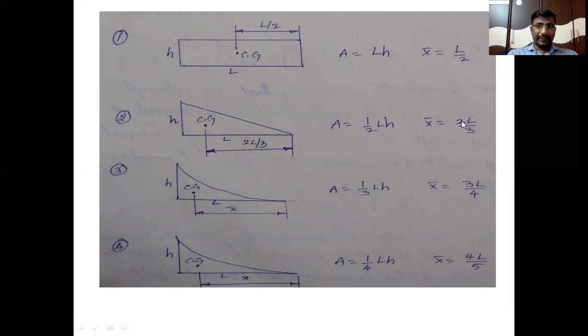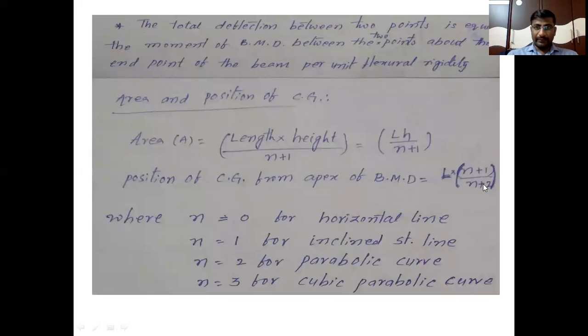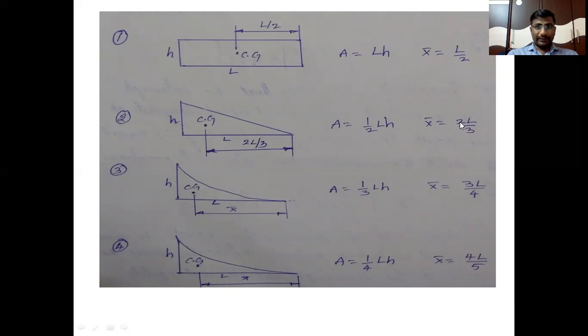This formula is L into n plus 1 by n plus 2. So n is 1 for straight line. So 1 plus 1 divided by 1 plus 2, 2 by 3 L.